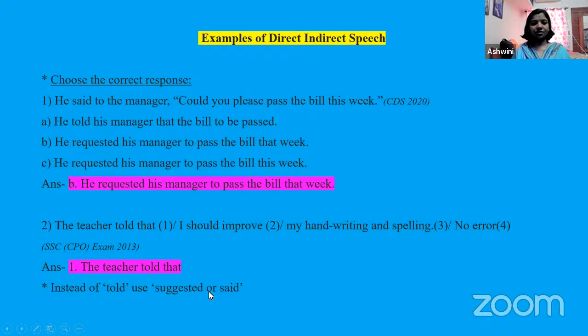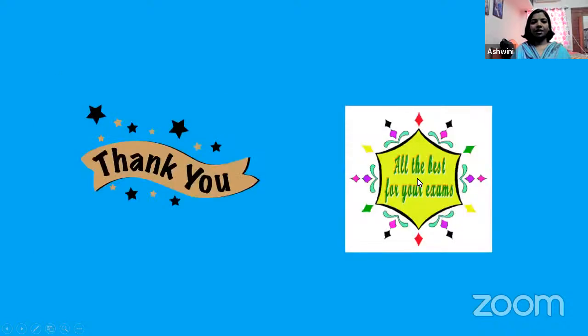Instead of told, we use suggested or said. Why? Because this should be the suggestion given by the teacher. So not told here; instead of told, we have to use suggested or said. Now this question was asked in the 2013 CPO examination.